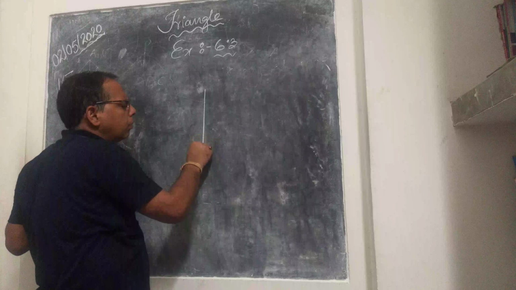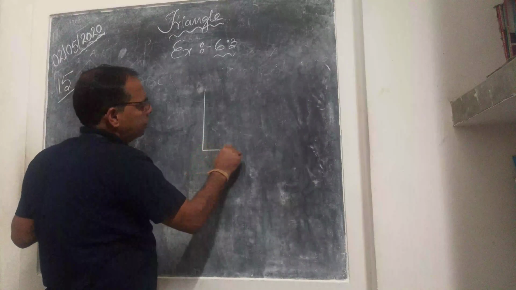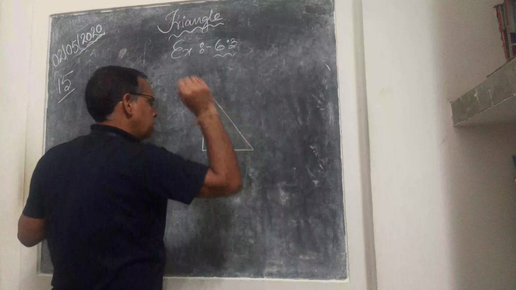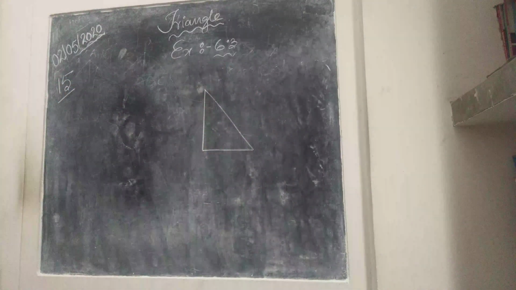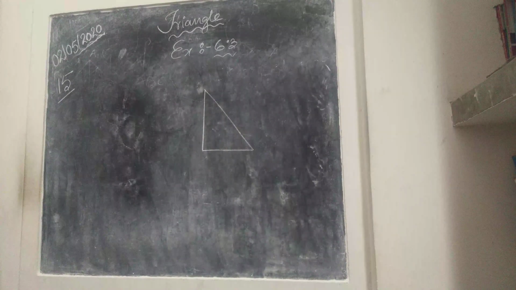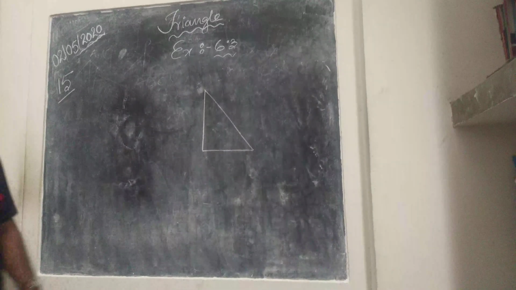Pole means electrical pole also maybe. A vertical pole of length 6 meter casts a shadow of 4 meter.